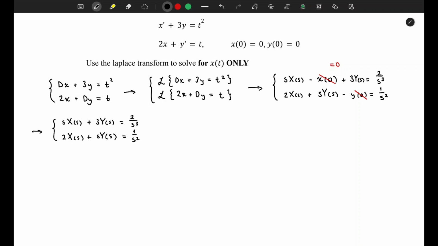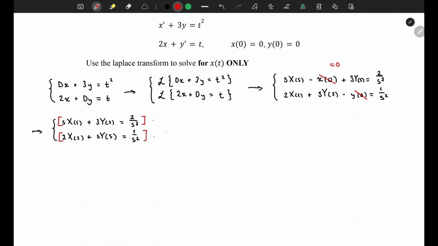So what we want to do is elimination on these equations, so that when we add them up, we can solve for this X of s. So what can we multiply to the two equations? Well, if I want to solve for X of s, obviously we're going to have to eliminate the Y of s's.